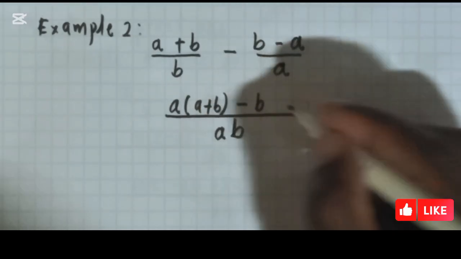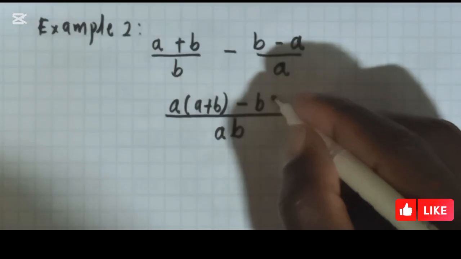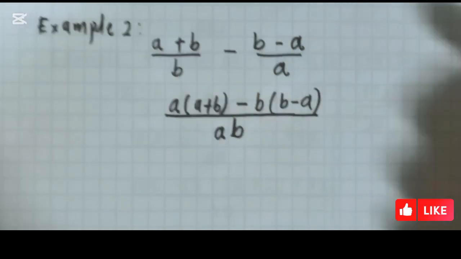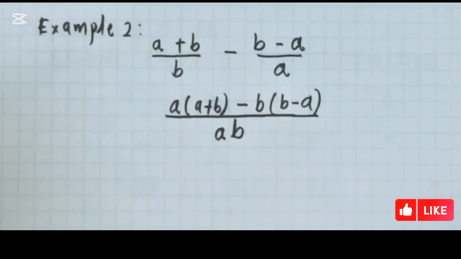So we're going to have it as negative b into (b minus a). We're just maintaining whatever we have in our numerator there because we are supposed to expand it and hopefully use that to simplify it further.